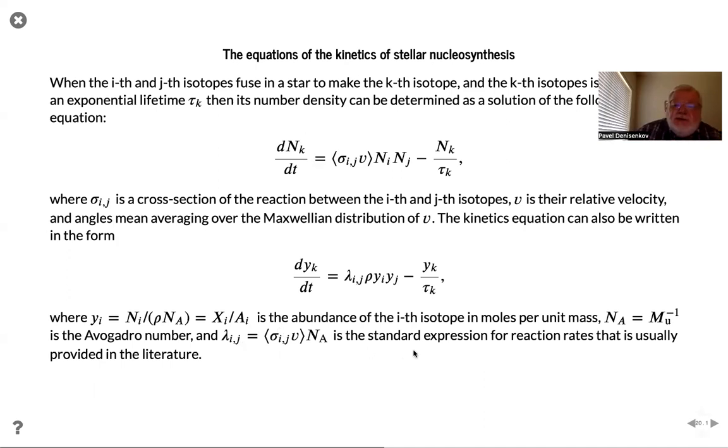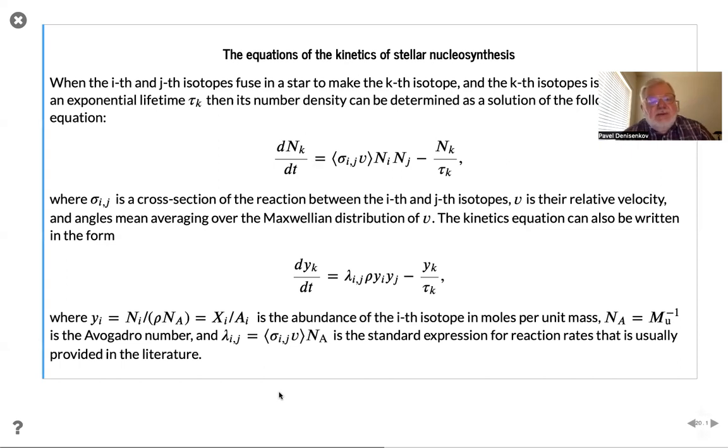This is what is usually called a reaction rate, the standard expression for reaction rate. This product is usually what you can take from tables of reaction rates, what is usually provided in the literature, for instance, in the JINA reaclib database of reaction rates. I spent quite some time explaining these equations because this will be the focus of our research projects, nucleosynthesis in stars, right?